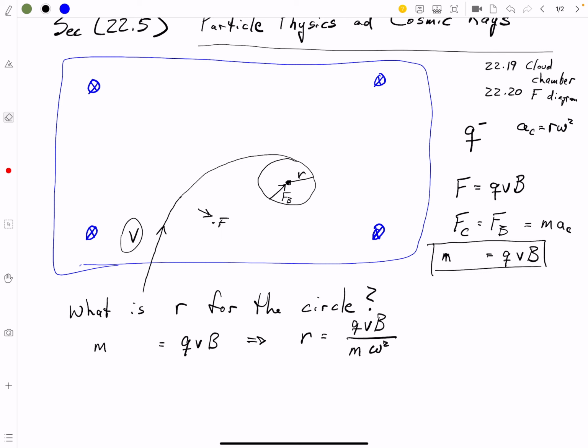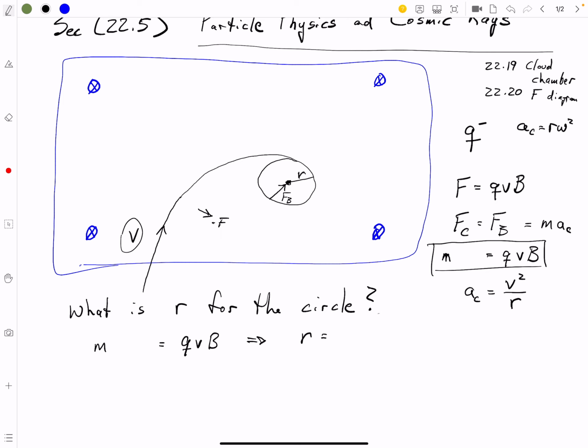What is AC in terms of velocity? Well, that's v squared over r. This should get us to the same place, of course, but I'm going to do it with v squared over r instead of r omega squared.